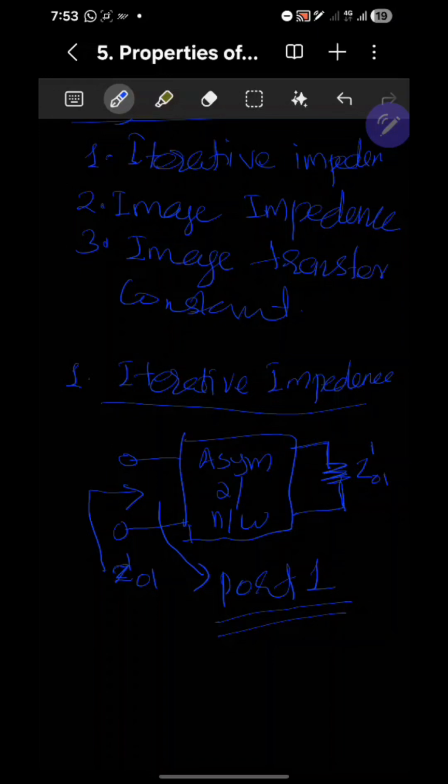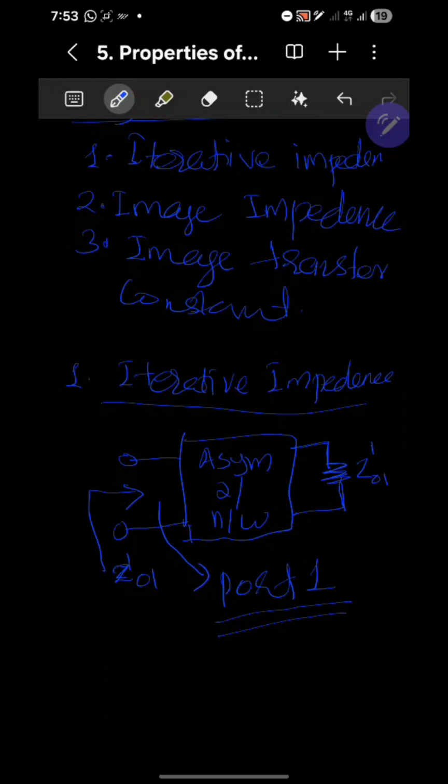So iterative impedance for an asymmetrical network will be different for different ports. If you have two ports, there will be two iterative impedances. Here Z01 is the iterative impedance of port 1. What is the iterative impedance of port 1?